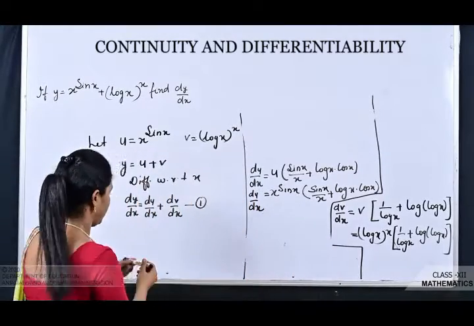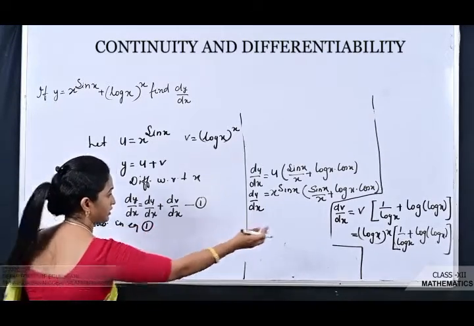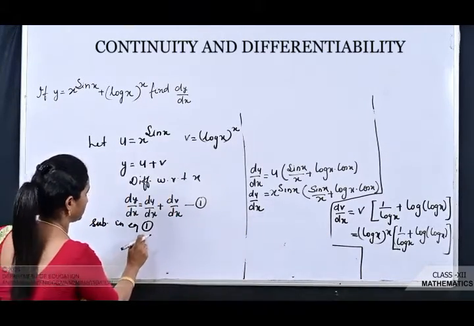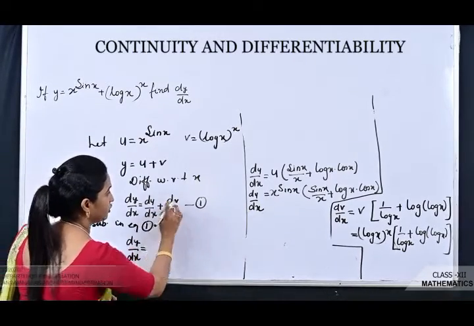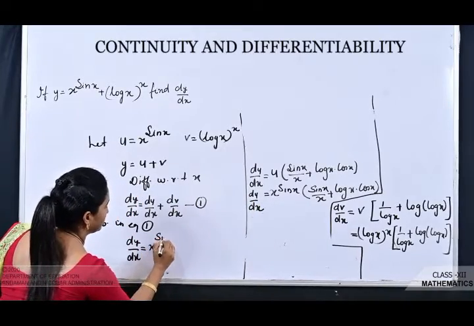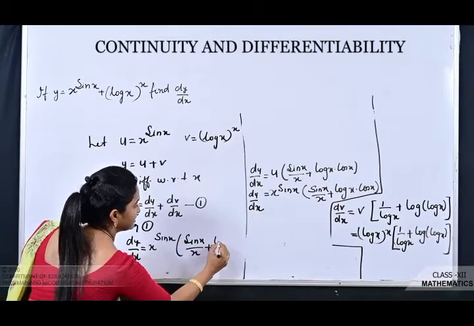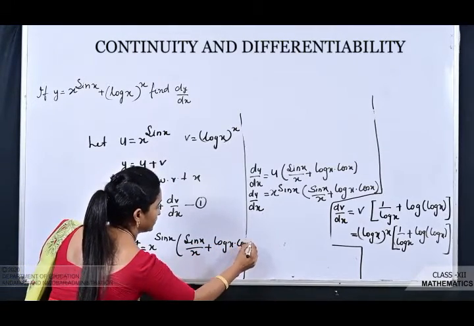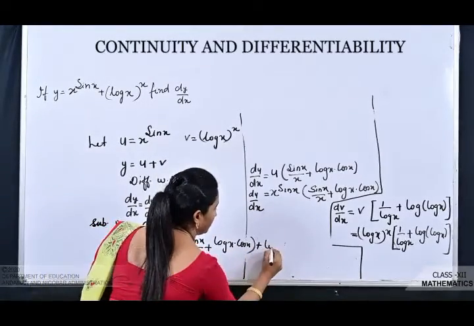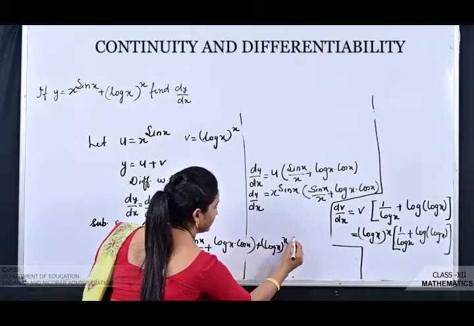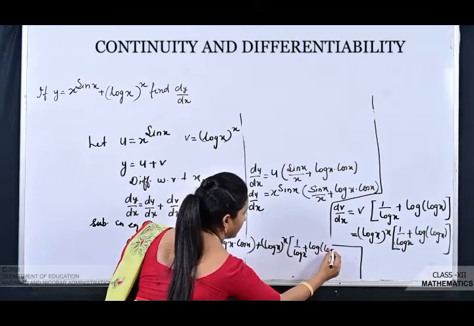So substituting in equation 1, dy by dx will be, what is the value of du by dx? x to the power sin x by x plus log x into cos x. Okay, plus what is the value of dv by dx? Log x to the power x into 1 by log x plus log of log x.